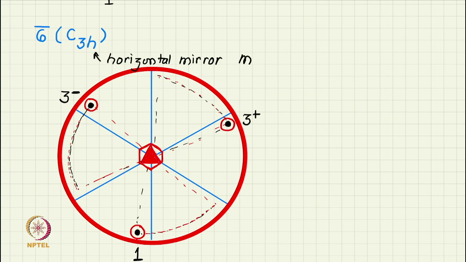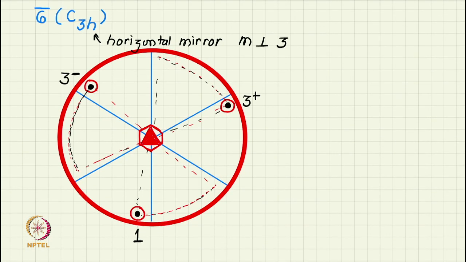So there is a mirror perpendicular to the 3-fold. This is important to keep in mind. So you can think of 6 bar as a mirror perpendicular to the 3-fold, and that is exactly what is shown in the Schoenflies notation. But Hermann-Mauguin represents it as 6 bar.